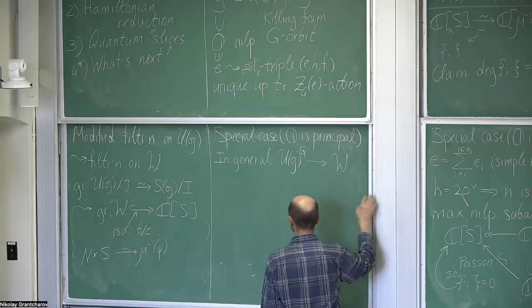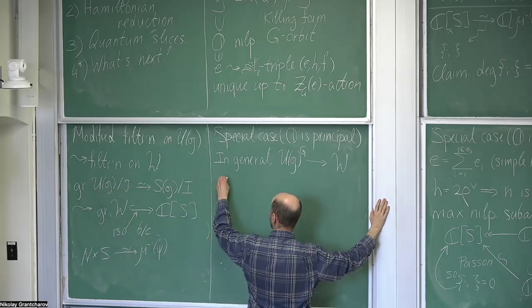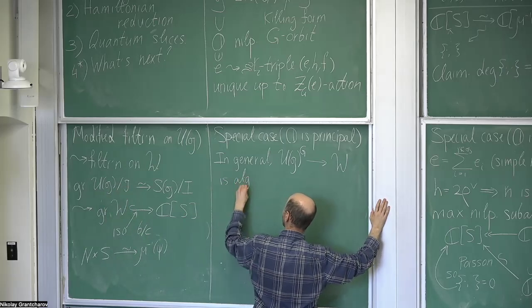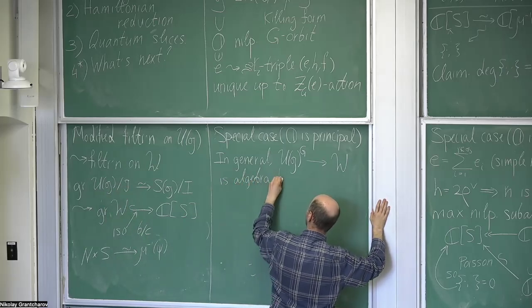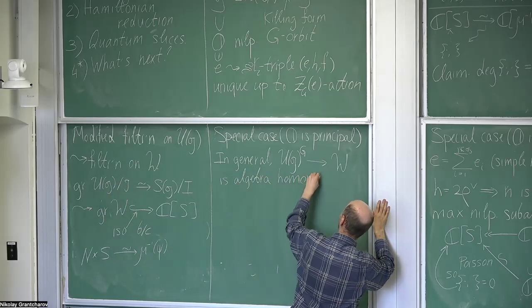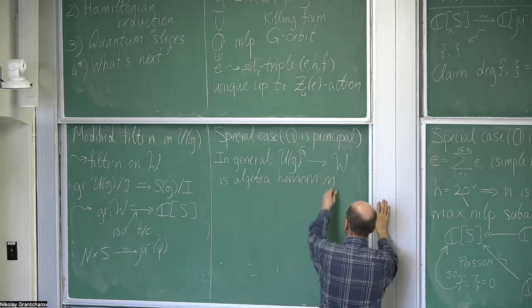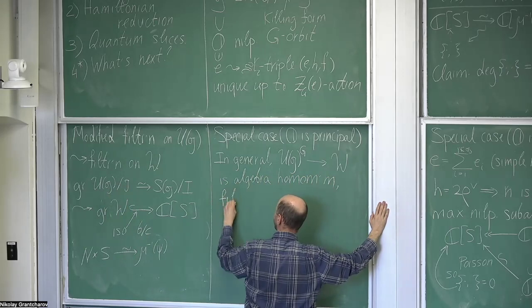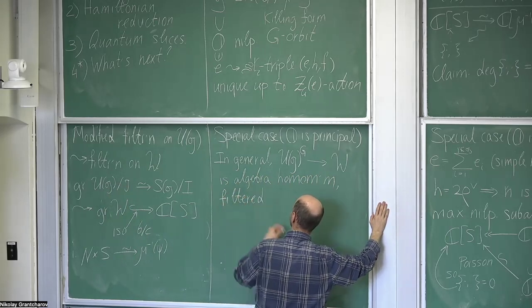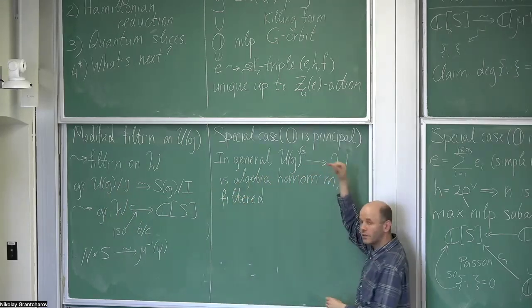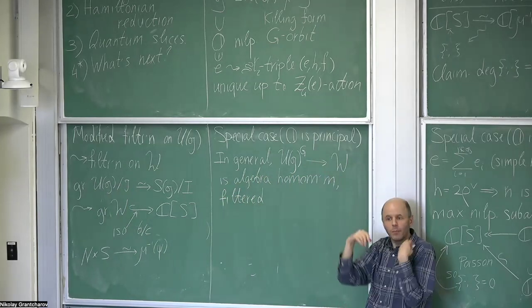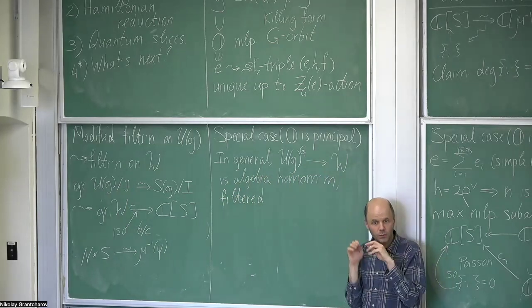And what I get here is an algebra homomorphism, where on the left-hand side I consider this doubled filtration, and it doesn't matter whether I shift it or not.